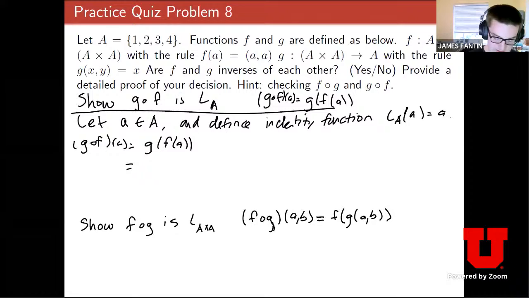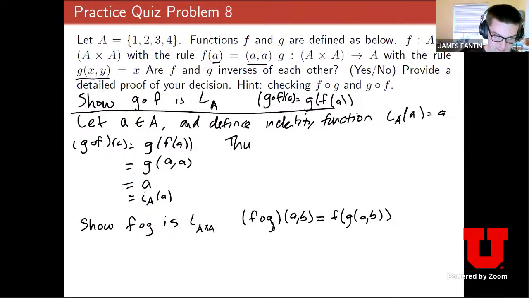What does F of a do? F of a takes an element a and maps it to the tuple a comma a. So this is G of (a, a). G just takes the first element of the tuple, so it returns a. And this is just equal to what the identity function gave us. Thus, G composed F is the identity. So we've shown this part.